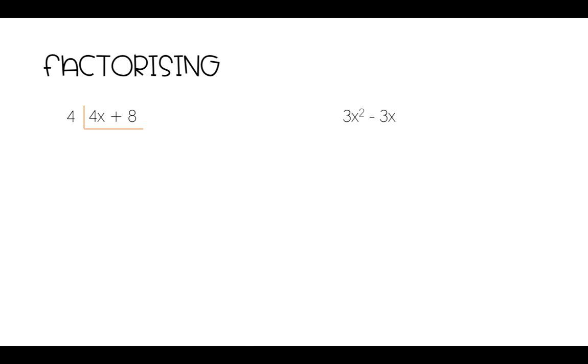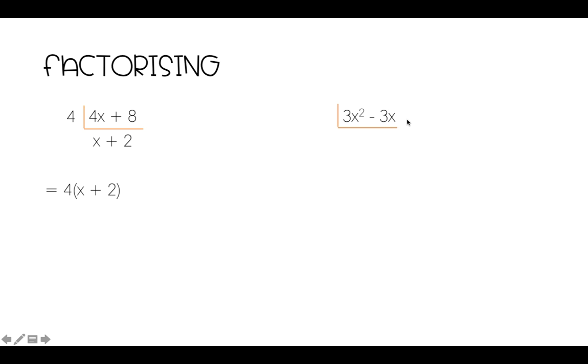So I'm going to remove my 4. If I go 4x divided by 4, we cancel that 4 out and we end up with just x, and 8 divided by 4 is 2, so we end up with x plus 2. Now this number on the left here goes outside our brackets and this goes inside our brackets, so we end up with 4 brackets x plus 2.